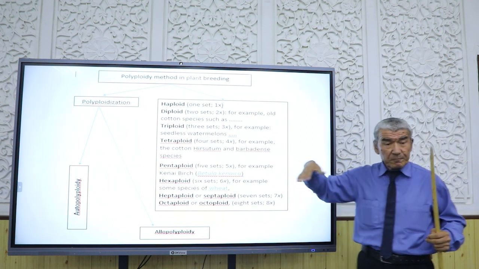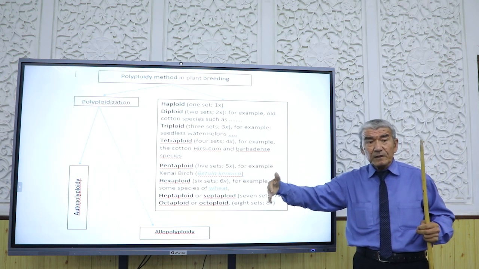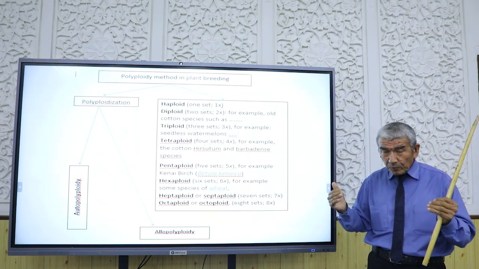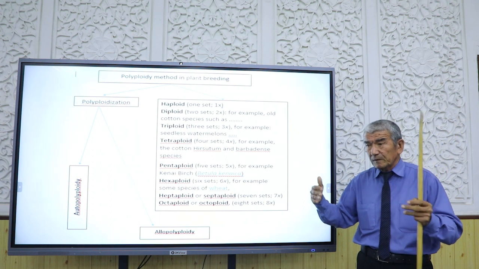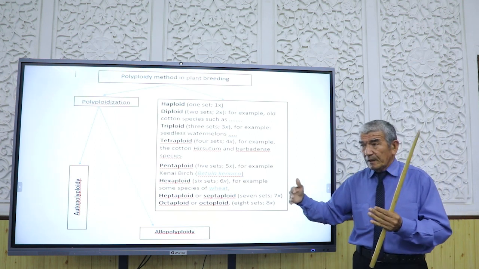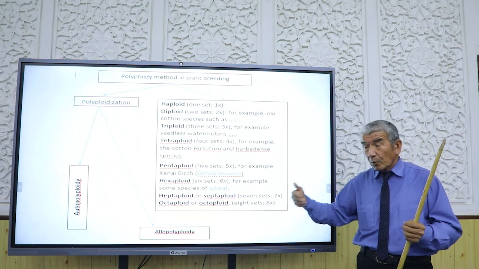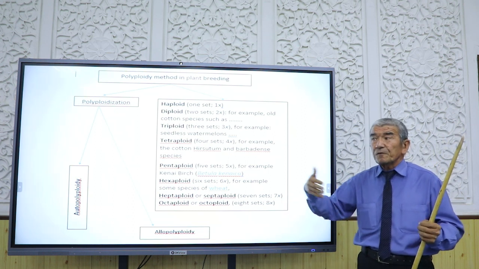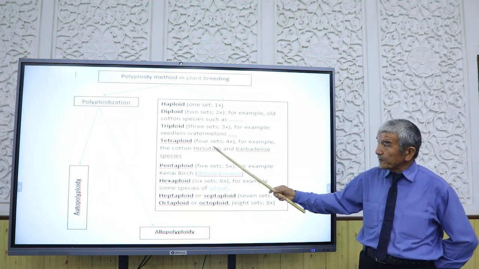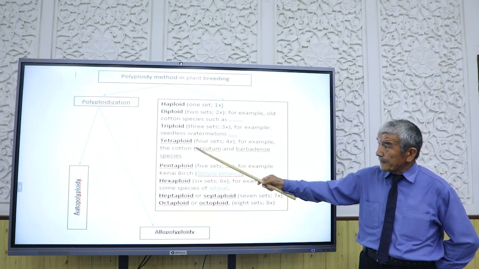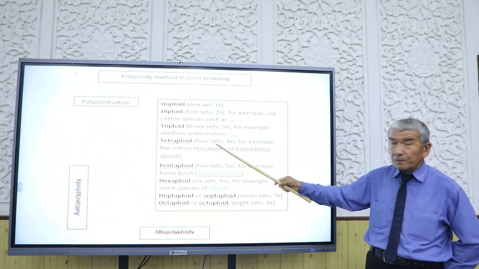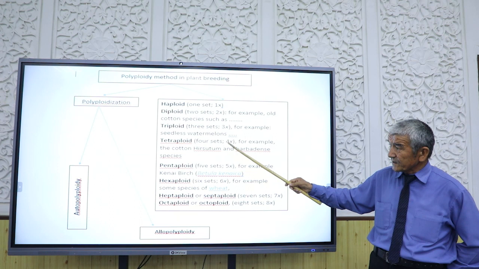In the next progeny they are usually sterile or unstable. The result of tetraploid division is a new progeny cell that is stable and fertile. We can see some other representatives of polyploid plants: tetraploid, pentaploid, hexaploid. You can see the increased number of chromosome sets.